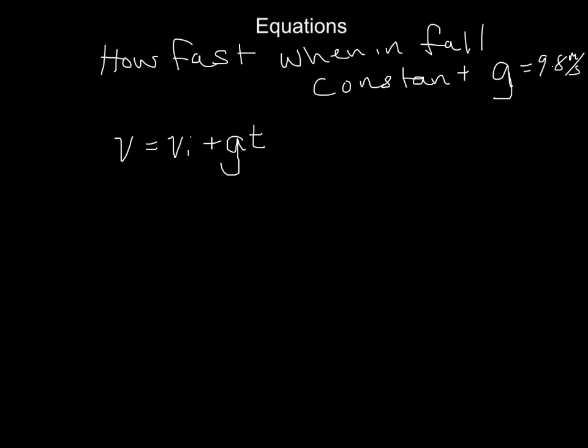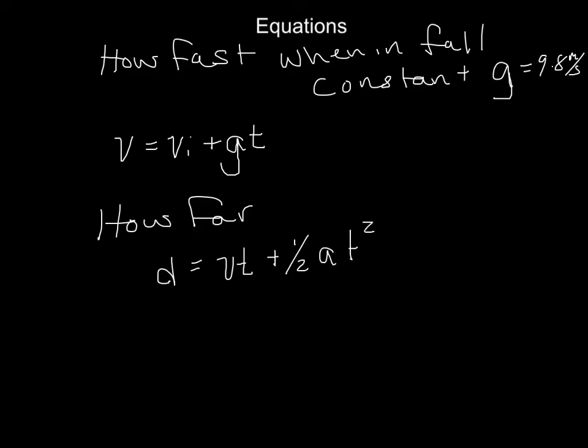Now, if you want to know how far, we will go ahead and use our distance equation, remembering that our object is experiencing constant acceleration, that constant acceleration being gravity, our 9.8 meters per second squared. So, those are the equations that we will use to figure out how fast and how far.